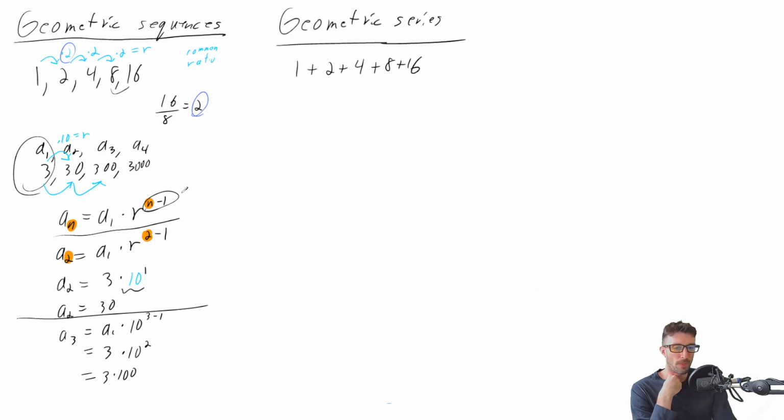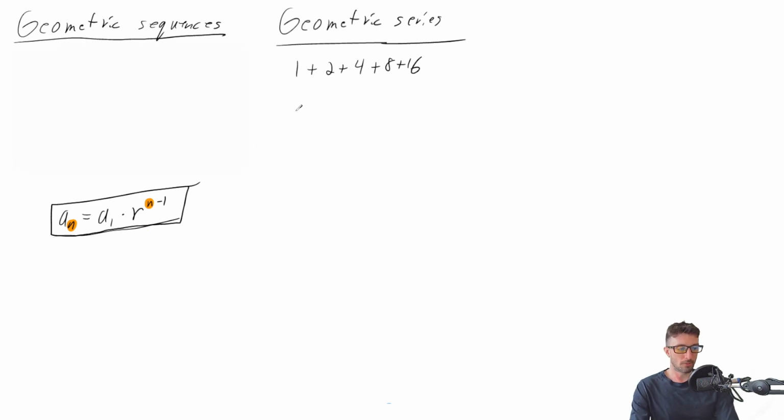Okay, so that is a formula to get you to the nth term if you have the first term and you have the common ratio. And there's also a formula for the sum of the first n terms. So if we get back to a geometric series where we've got 1, 2, 3, 4, 5 terms, I can actually find the sum of those first 5 terms.